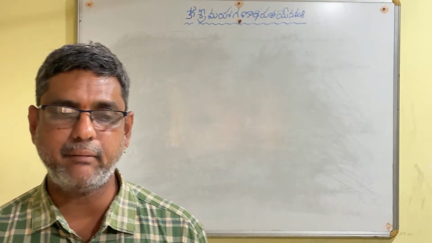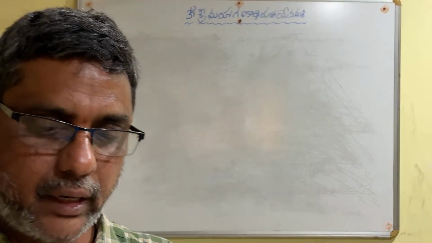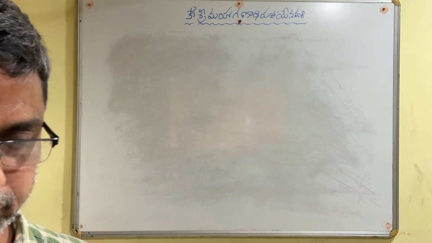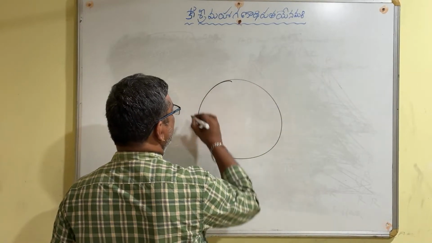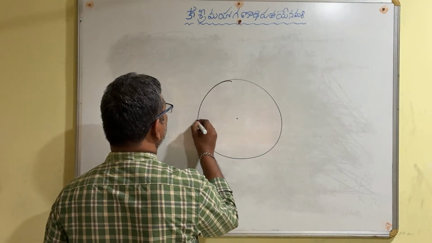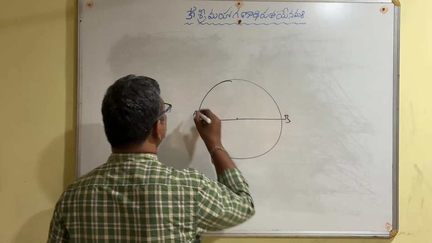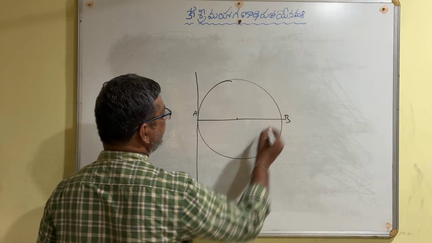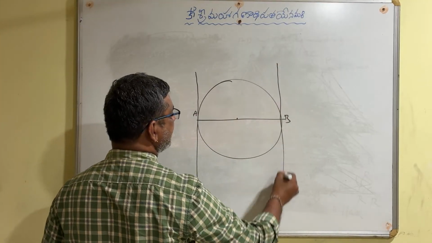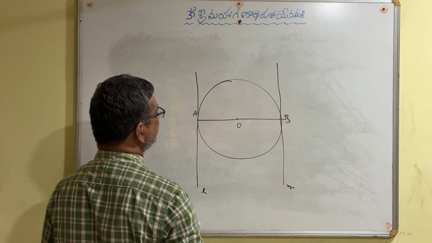See, if you draw a diameter in a circle, try to draw the diameter. Circle, center O, diameter AB. This is tangent L at A and this is tangent M at B. O is the center of the circle.